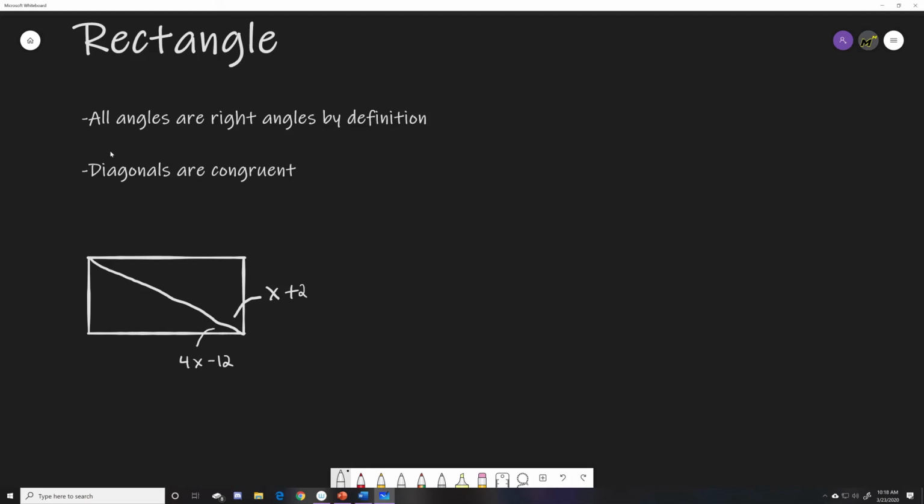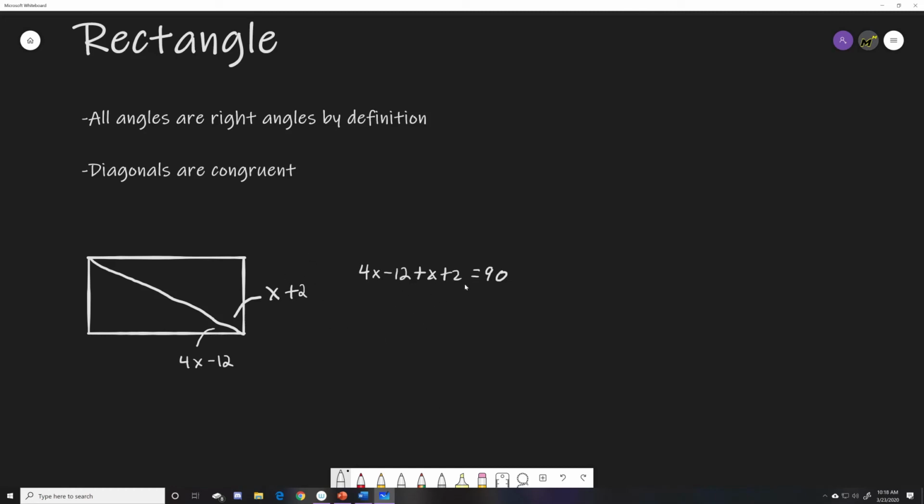Well, by definition, all angles are right angles in a rectangle. So if we are given a rectangle, that means this corner would have to be 90 degrees. Therefore, these are complementary. So we have a setup being 4x minus 12 plus x plus 2 would have to add up to 90 degrees. So let's go ahead and combine our like terms.